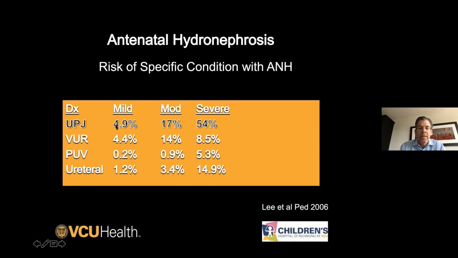As you can see, increasing grades of kidney dilation, increase in significance of disease. And this is very different than reflux, where as I demonstrated previously, the degree of kidney dilation correlates very poorly with the diagnosis of reflux, but for UVJ obstruction it does, and for ureteral or UVJ obstruction it does as well.